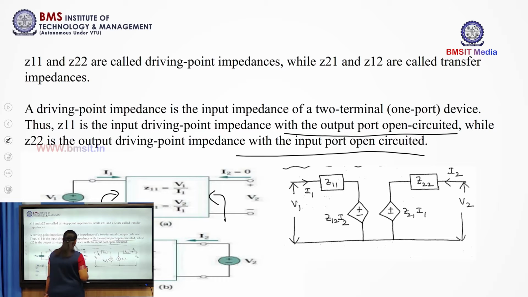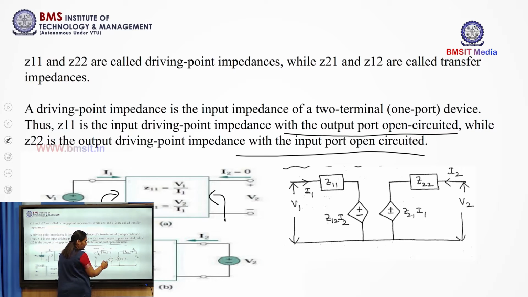Look at the equivalent circuit of the two port network for the Z parameters. Here you have a voltage source V1, and current flowing through Z11, the input driving point impedance, and Z12 I2 as a dependent source. So Z12 is dependent on the current at the second port.